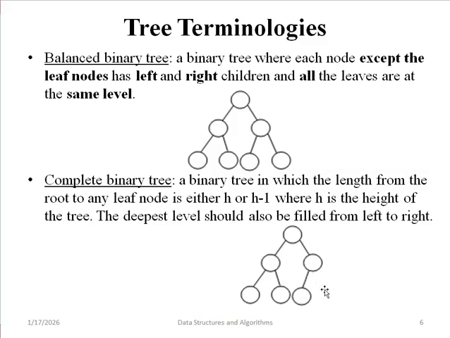If this one is also removed, the length to this node is 1, and to these nodes it is 2. So the height here is 1, which is 2 minus 1. So it is a complete binary tree.